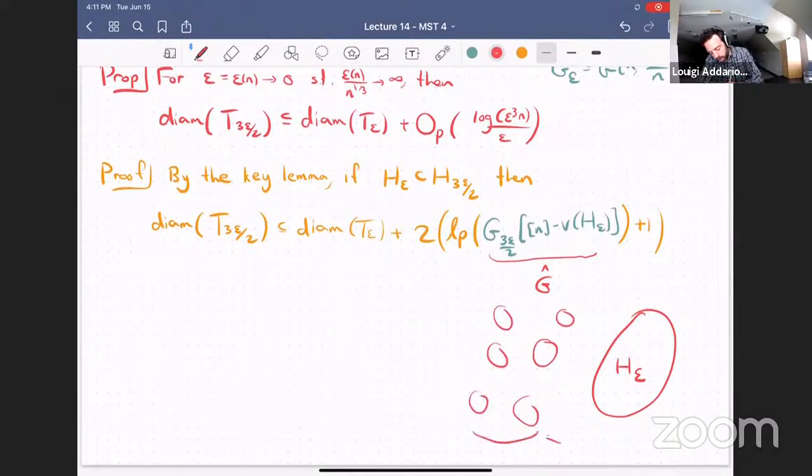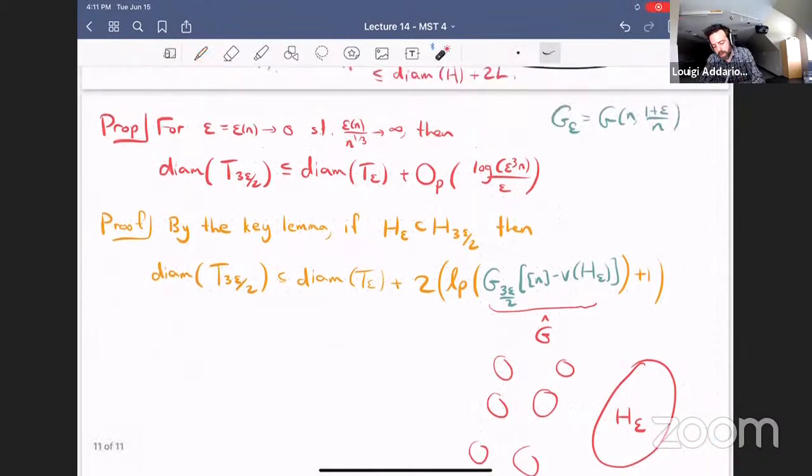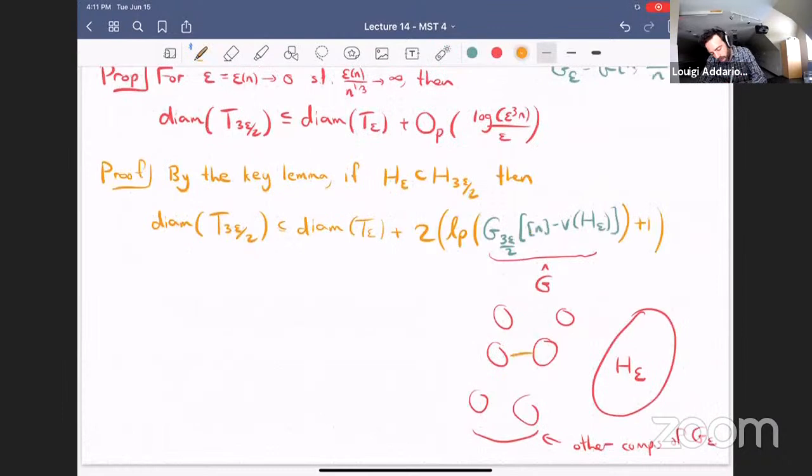So these are other components of G epsilon, right? But then we increase epsilon. We increase the value p from 1 plus epsilon over n to 1 plus 3/2 epsilon over n. And so some new edges come along and join up some of these components over here.